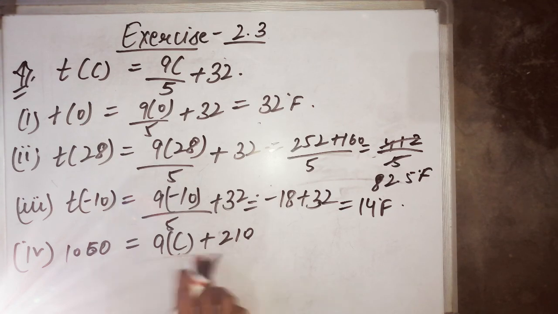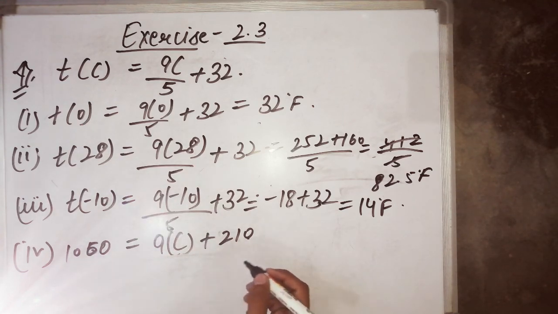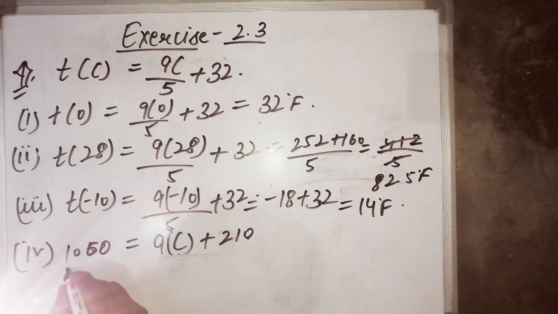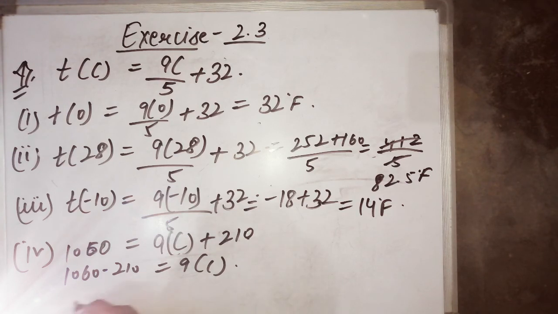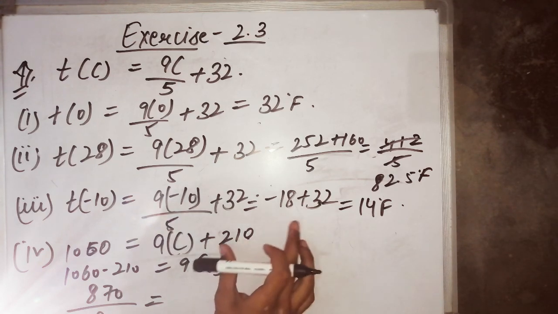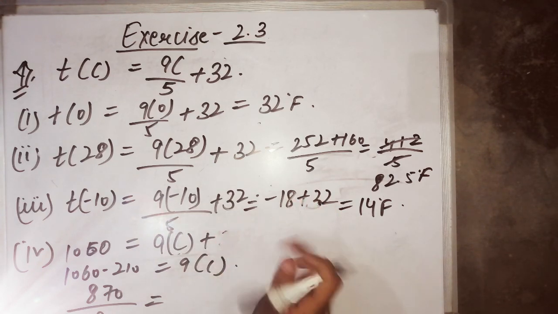Subtract: 1060 minus 160 equals 9C. I regret the mistake, but 32 times 5 is 160.